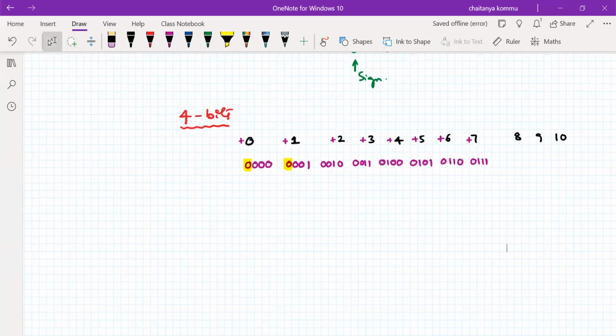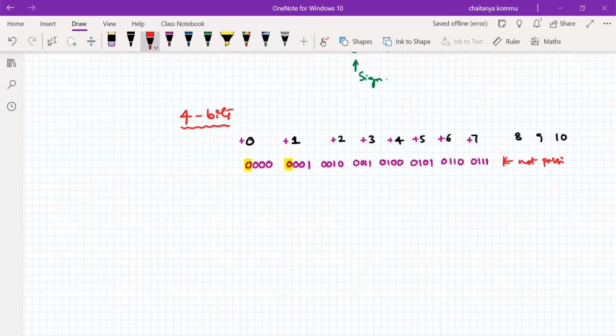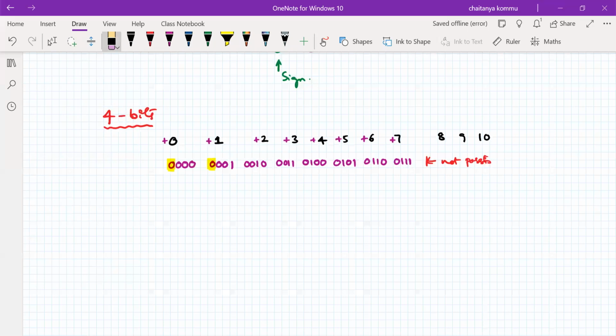For example, on the negative side, how many digits? It is not possible with 4 bits to represent 8, 9, 10, and so on and so forth to infinity.